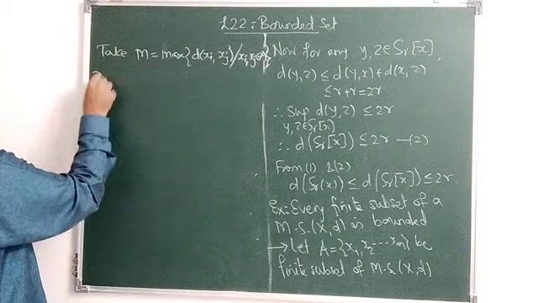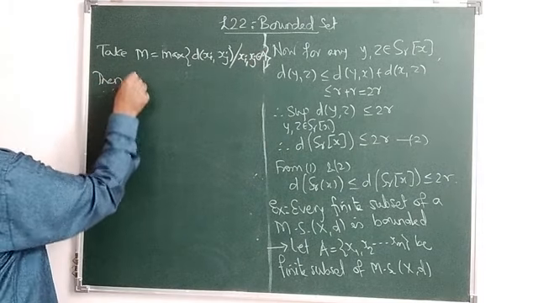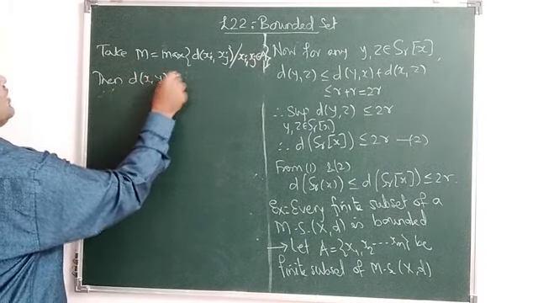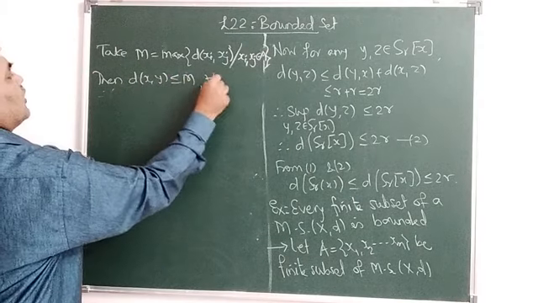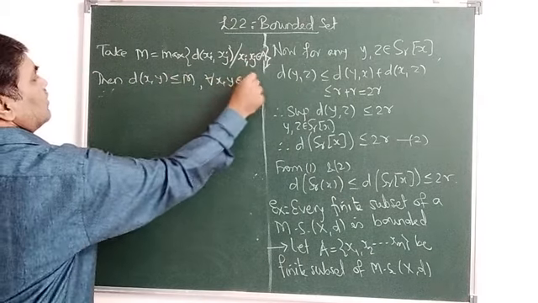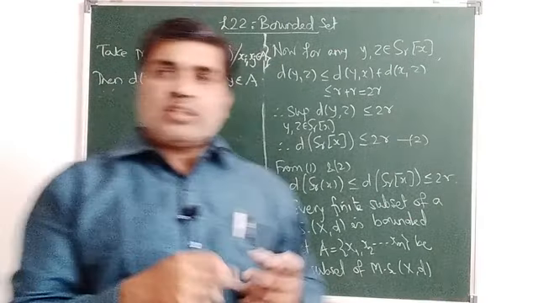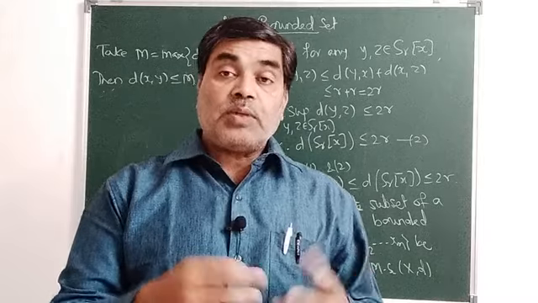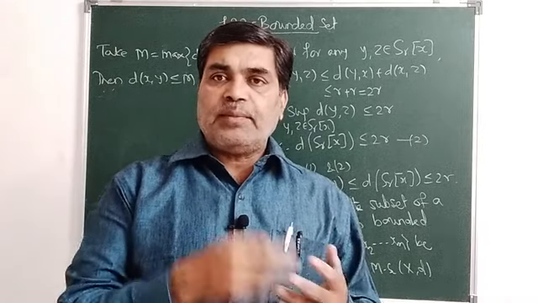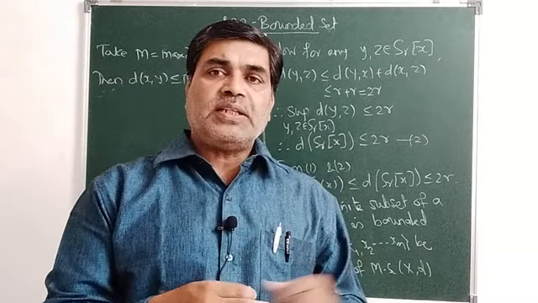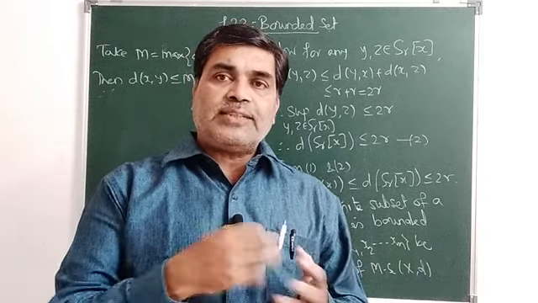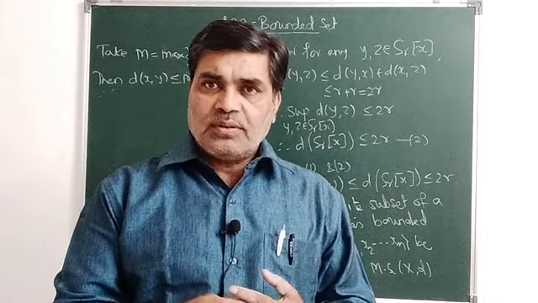Then d(x, y) must be less than or equal to M for every x, y belonging to A. I am computing the distance between any two points, all possible combinations. There are n points, so the number of possibilities of choosing 2 points from n points is nC2.